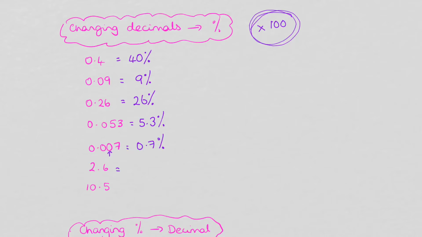Be careful when you're doing whole numbers, changing into percentages, because if you've got more than a whole one, you've got more than 100%. So multiplying 2.6 by 100 gives you 260%. And likewise, when we multiply this 10.5 by 100, you get 1050%. Okay, so the rule there is just times by 100 when you're changing decimals into a percentage.